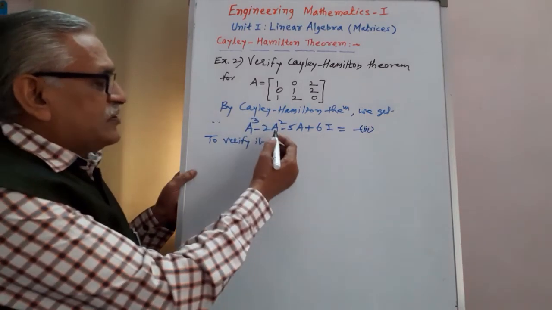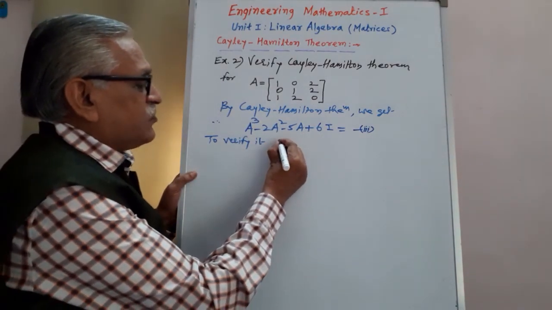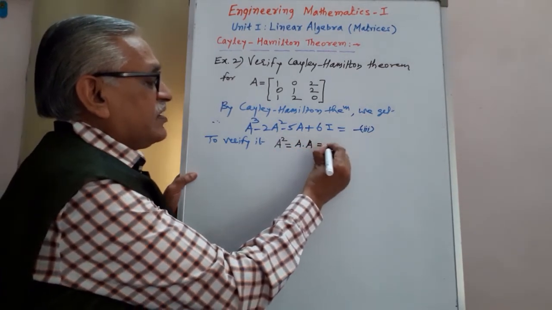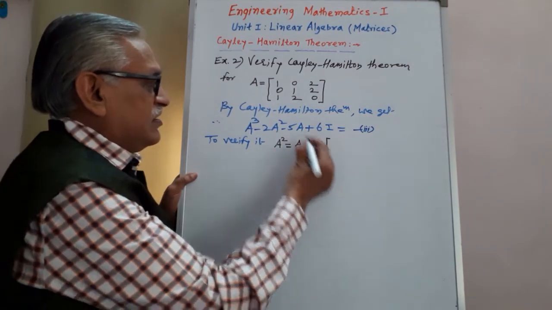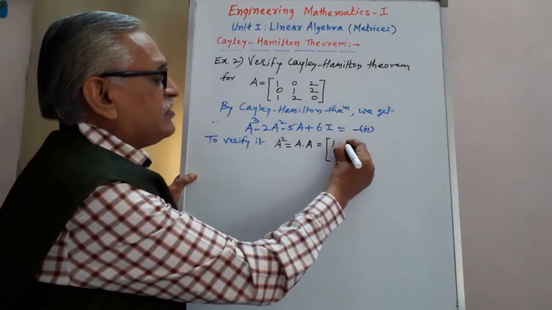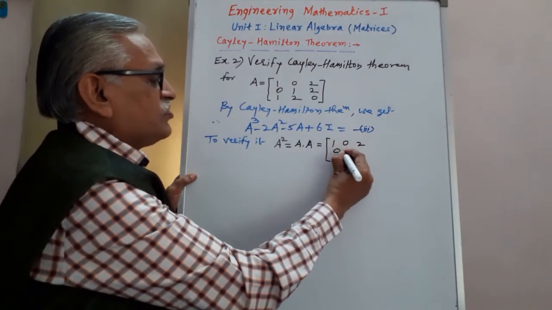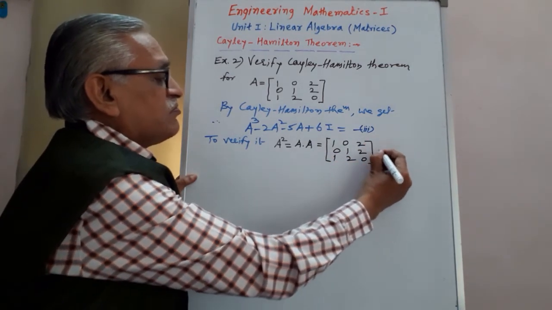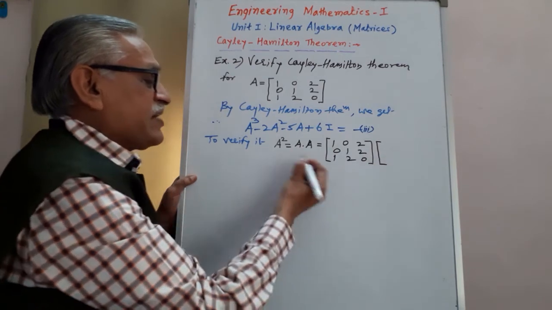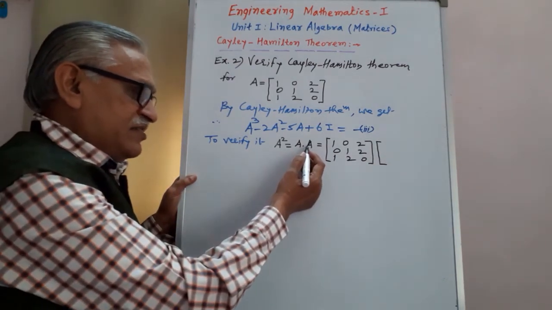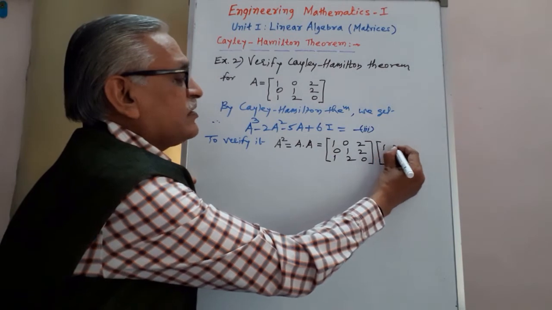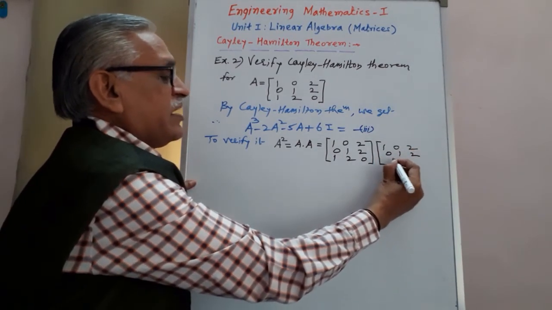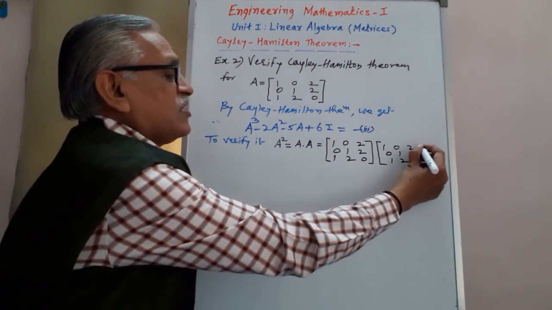And therefore, first of all, we find A square as matrix A into matrix A. That matrix A is 1 0 2, 0 1 2, 1 2 0, multiplied by another matrix, that is the same matrix A, 1 0 2, 0 1 2 and 1 2 0.